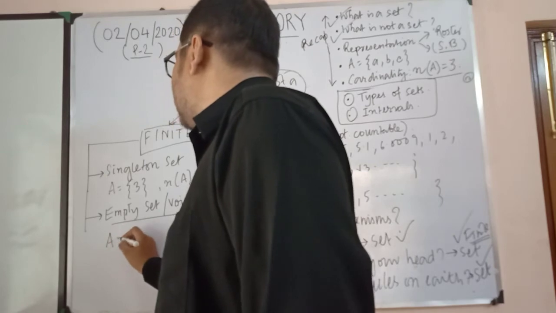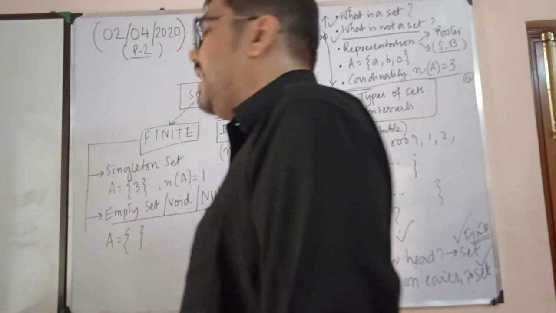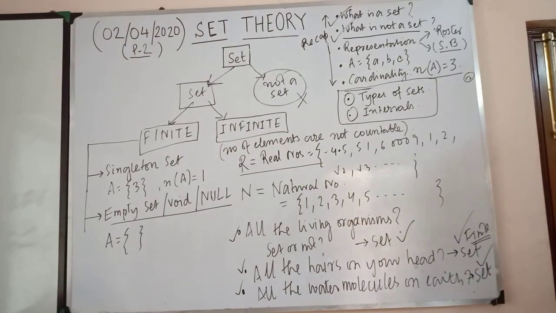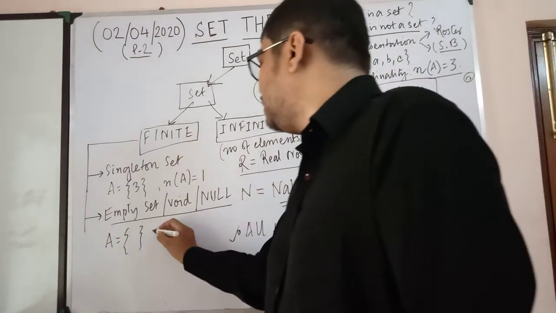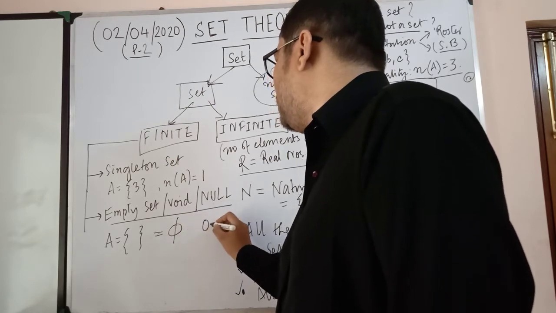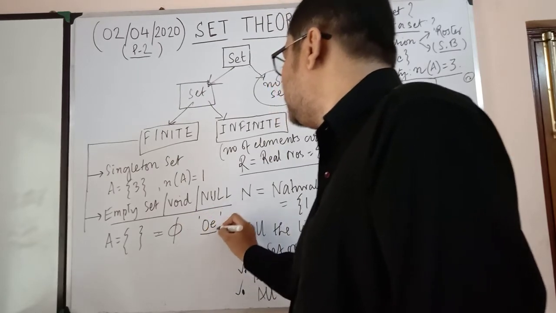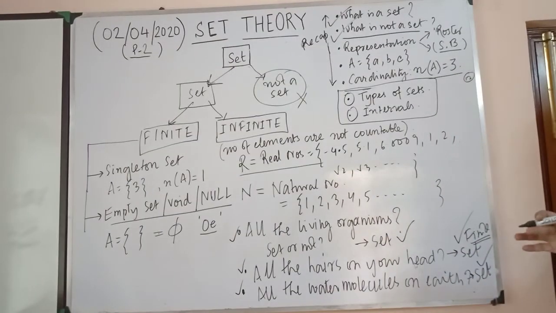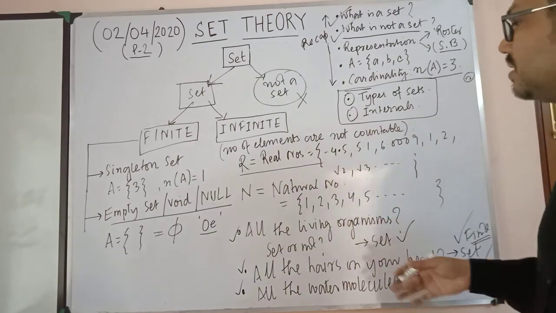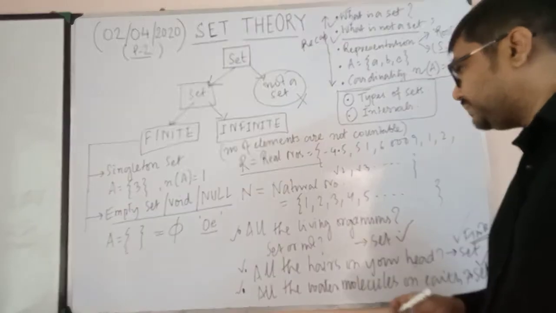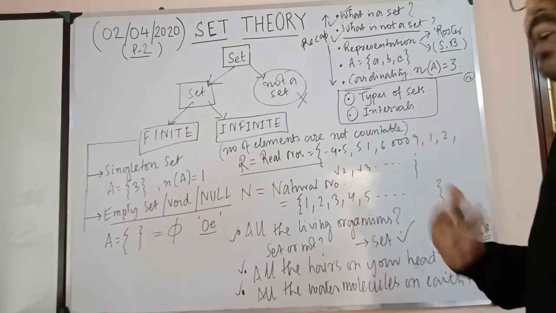Here the set has no elements. The empty set or the void set or the null set, they have got no elements at all. We often denote this empty set with this symbol, it's actually OE, a German symbol, but you can still call it phi. No harm. Nowadays in all the books it's written as phi, so you can denote it as phi. The phi means it's an empty set.